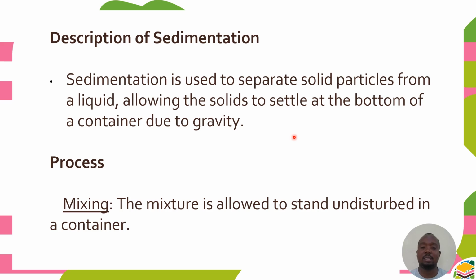And what is the process? The process starts with mixing. So I want to take you through the process of sedimentation. How is it done? The first thing to do is mixing. The mixture is allowed to stand undisturbed in a container.